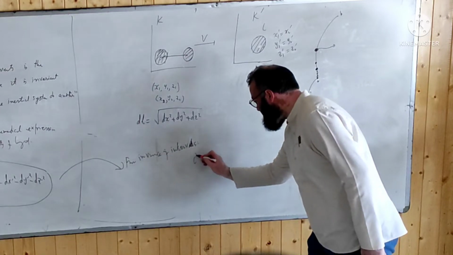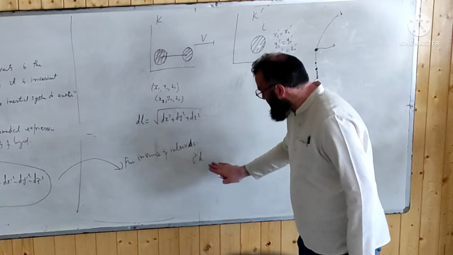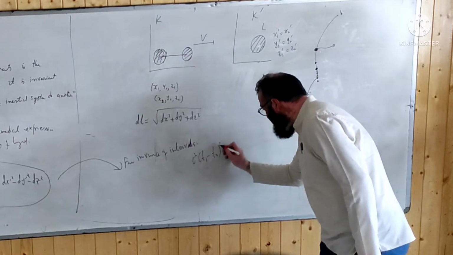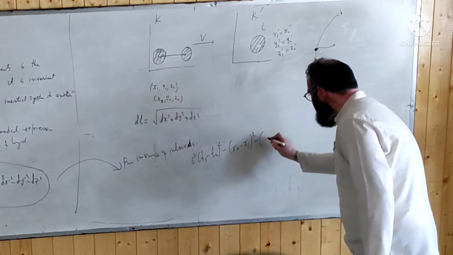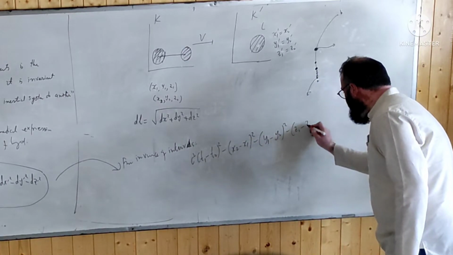Okay. Now let's look at this very thing. So you have c square. Let me write it this way: c square (t1 minus t2) square minus (x2 minus x1) square minus (y1 minus y2) square minus (z1 minus z2) square.